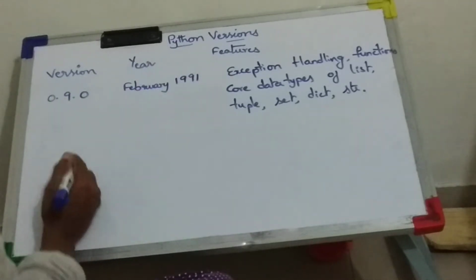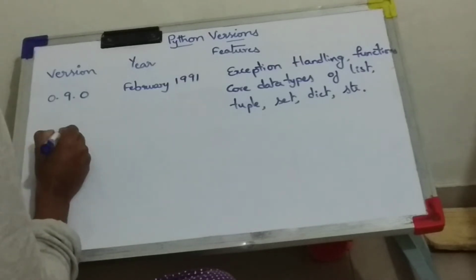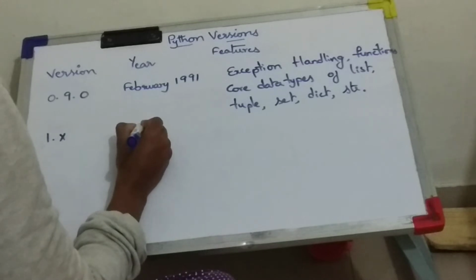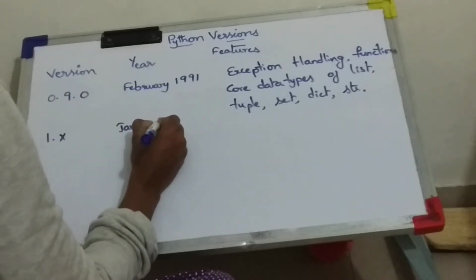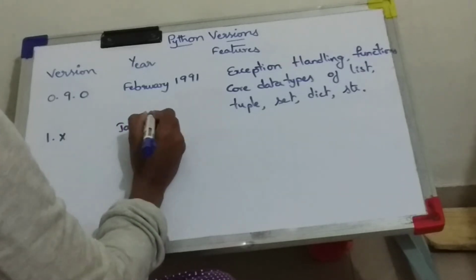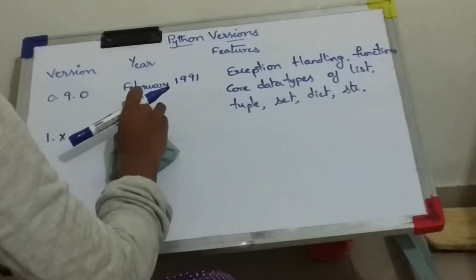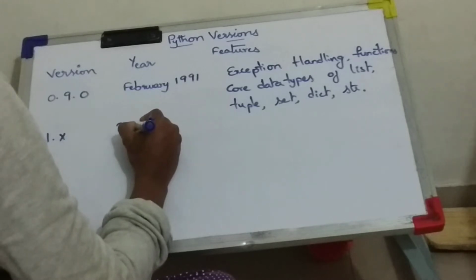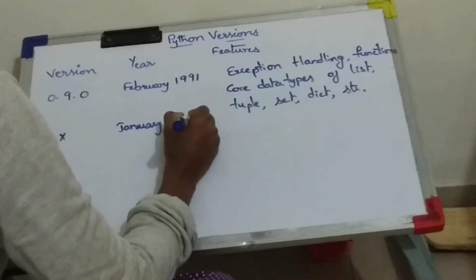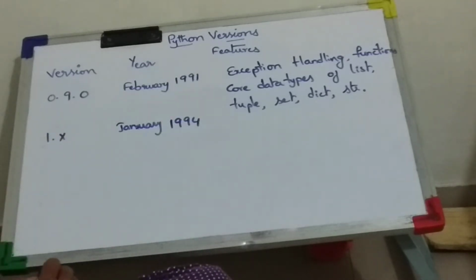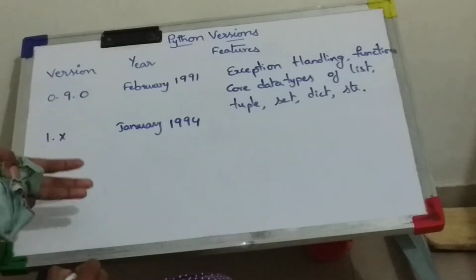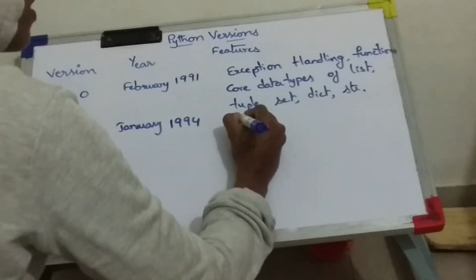And the next version is 1.x, January 1994. This has some functional programming tools.